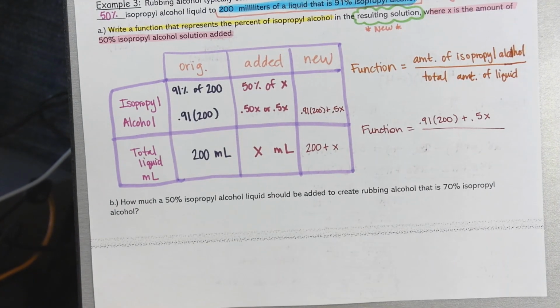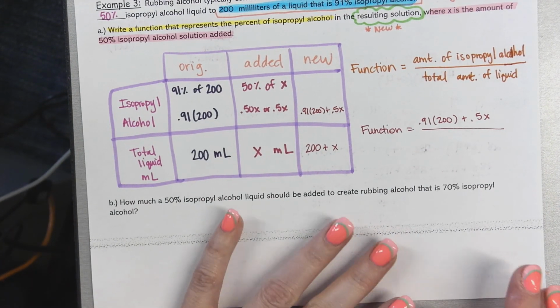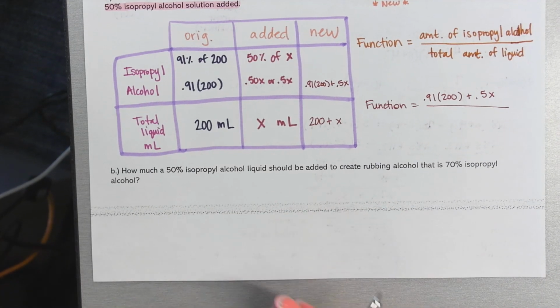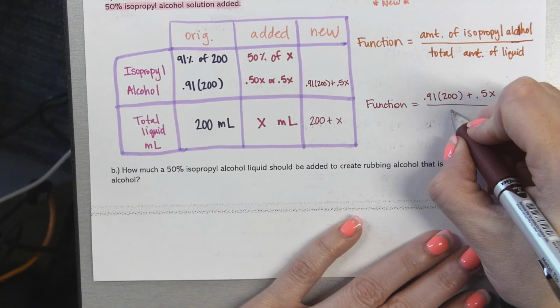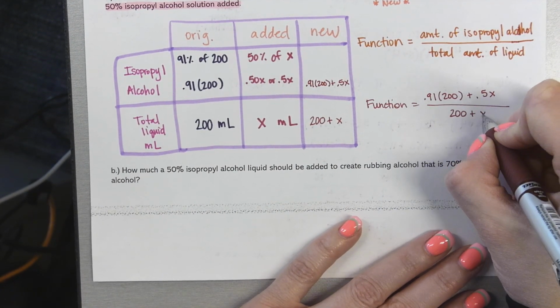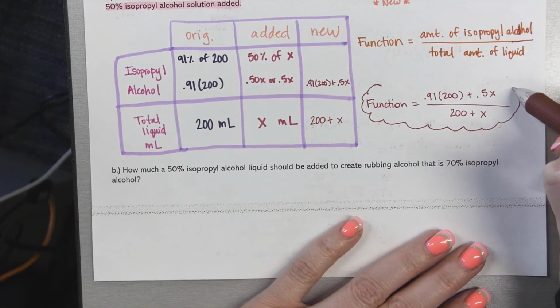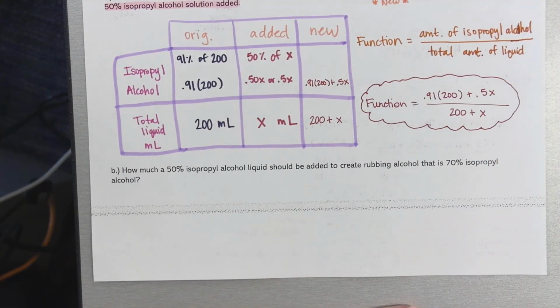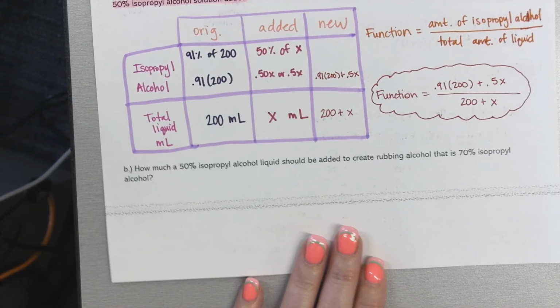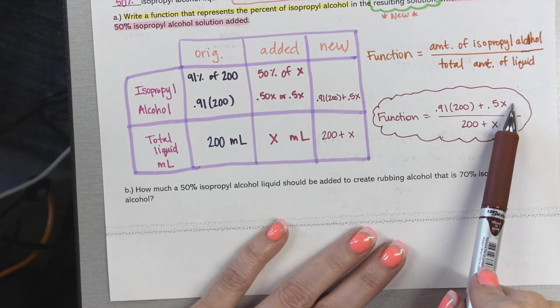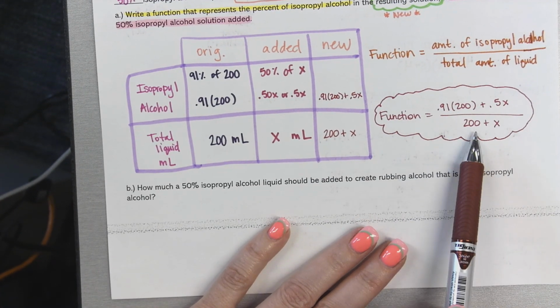We're going to do it in the next step. Okay, and then the total amount of liquid is the 200 plus x. So this is your function. Remember, a percentage is always out of the total. So that's why you have the isopropyl over the total amount.